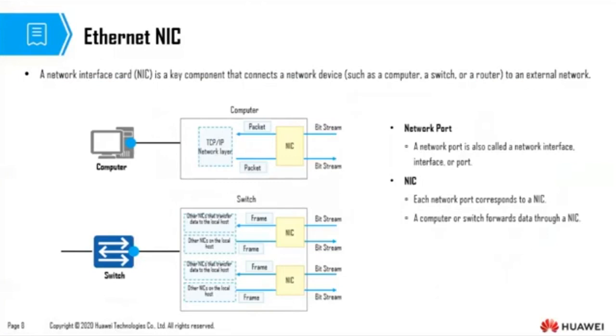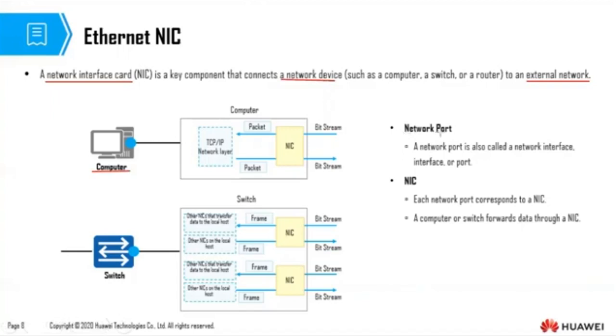Here we're just looking at what a network interface card is. The network interface card is a key component that connects a network device, such as a computer, a switch, or a router, to an external network. Normally, a computer will have a network interface card, and it will provide an RJ45 port or interface, which can be connected.